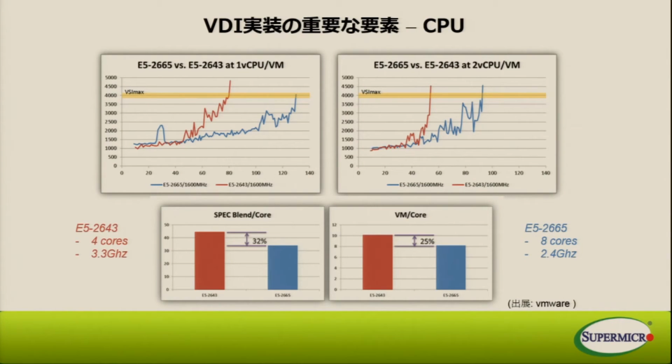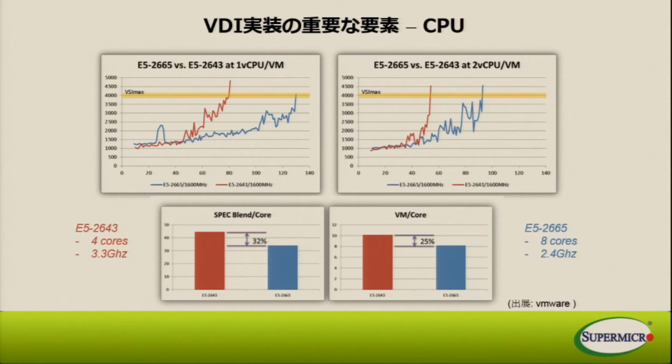And the second thing is the number of virtual machines each core can support. If you take, for example, the 2643 here, it's going up to somewhere around 70. Right? So you take 70 divided by 4. So each core supports about 13 virtual machines. You use that calculation.